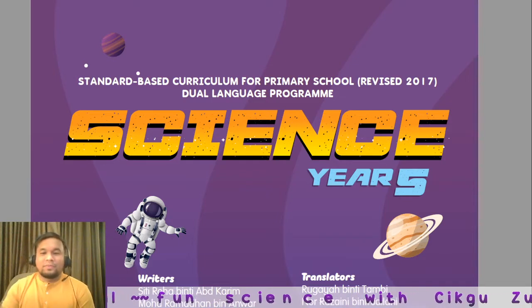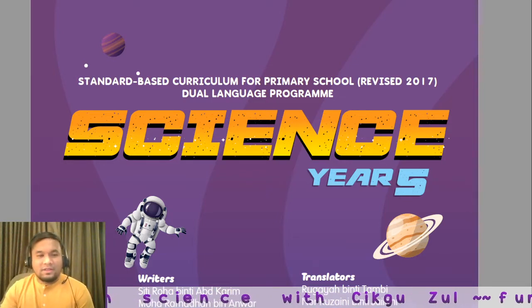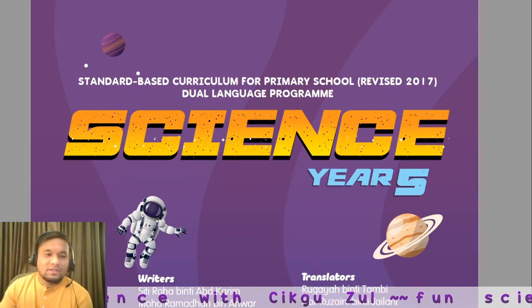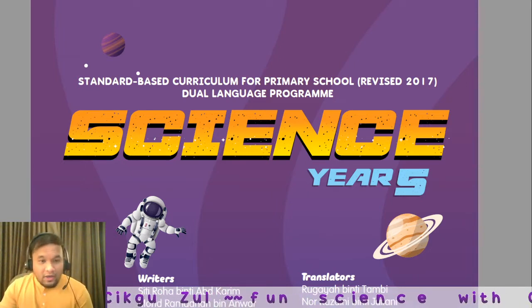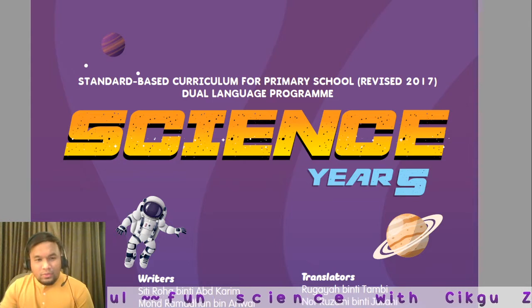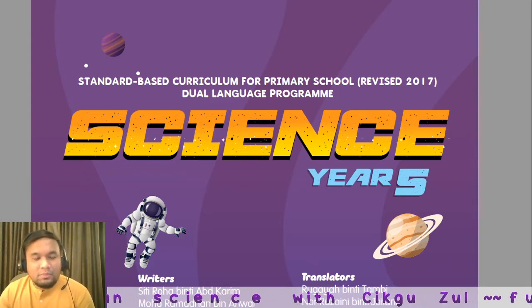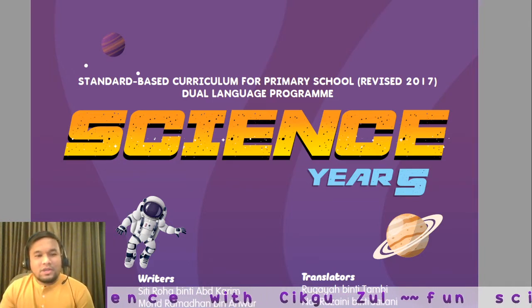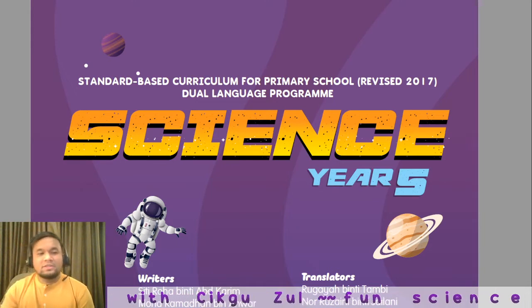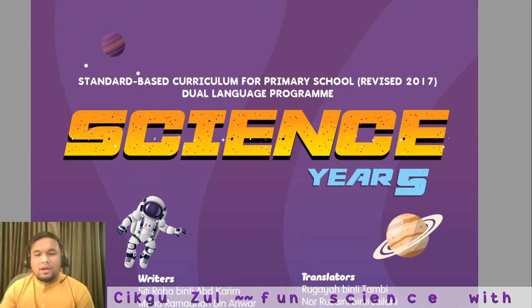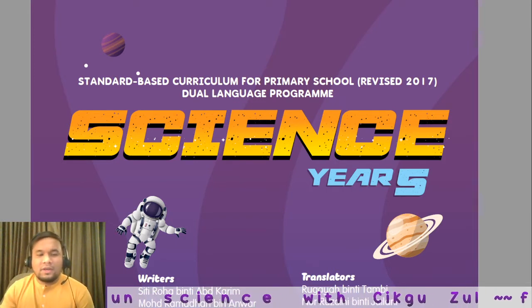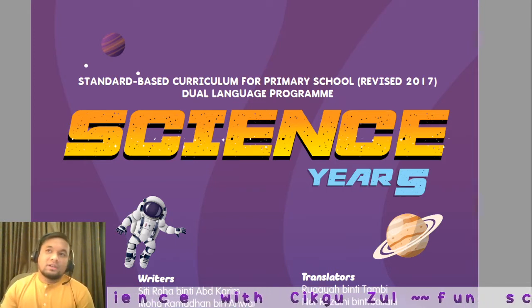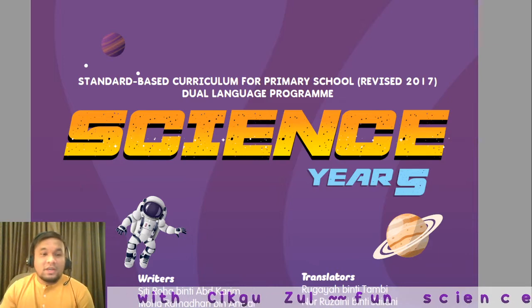I hope so. So today is the third recording of my lesson for you on the science year 5. We are going to continue with what we have learned previously about science process skills. This is the first topic of the year about scientific skill, and down in the topic is the science process skills.